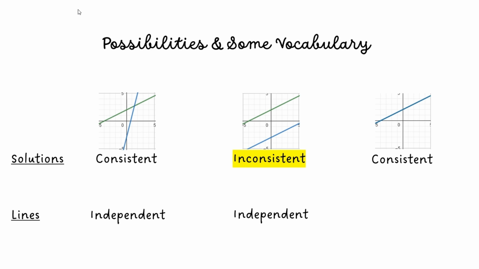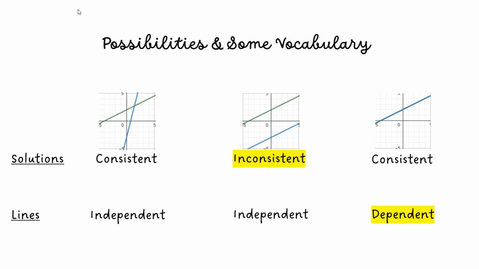When we move on to the system that is dependent, that is the consistent system where we have two lines laying right on top of each other. It has infinitely many solutions, so it's consistent, but when we look at it, we only see one line, so it is dependent.